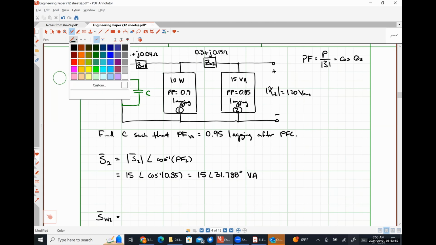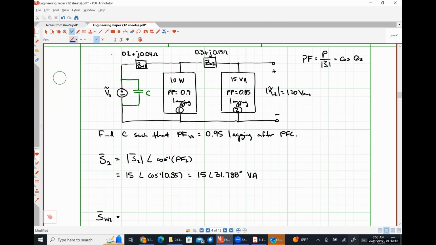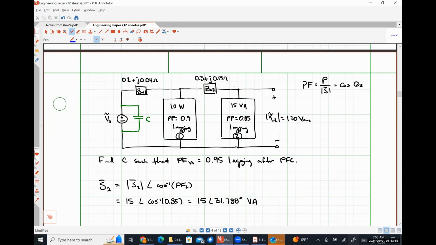So let's call this current, at least in magnitude, IW2, right? How would we find the magnitude of IW2?